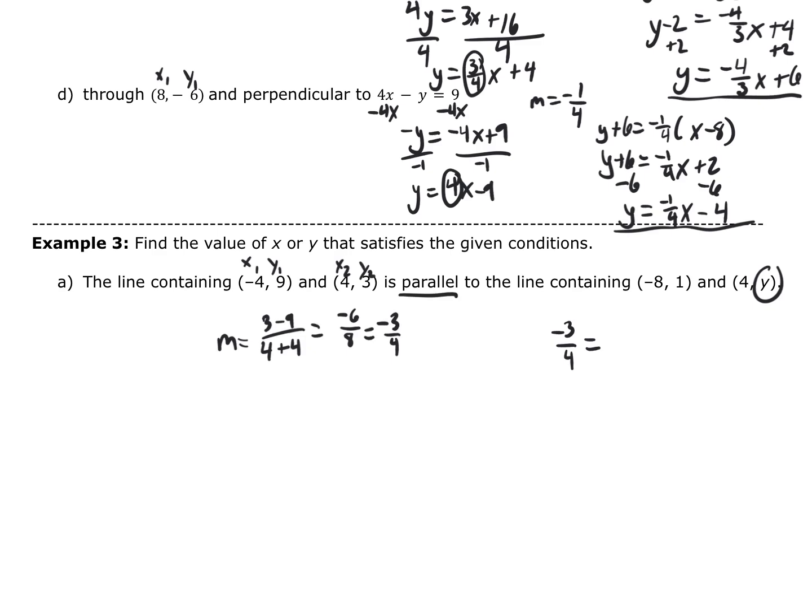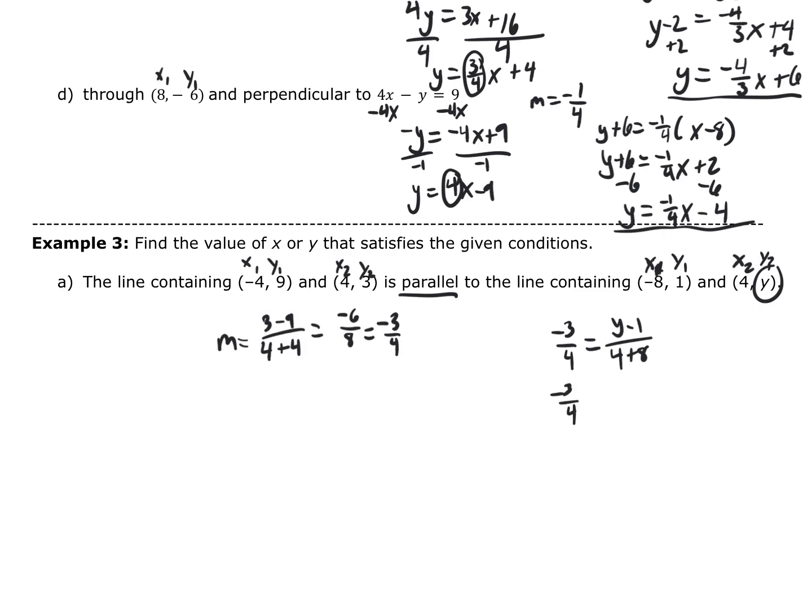I can then set this equation up as x1, y1, x2, y2. So we could say y, because we don't know that y2, y minus 1 over 4 minus negative 8, which is plus 8. Now we can simplify.